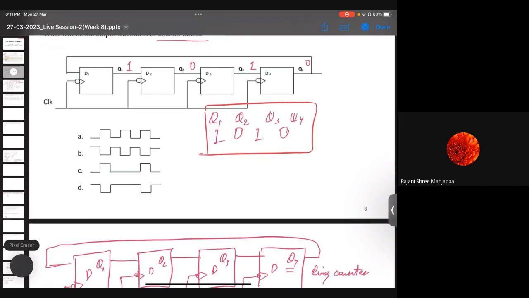You can see here it is 101010, and here it is 1010 and so on.